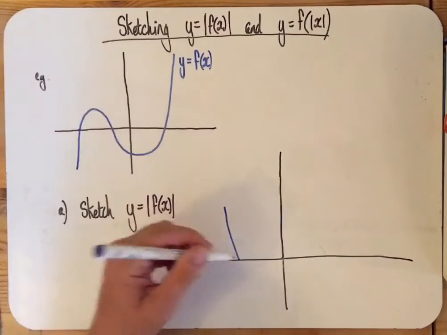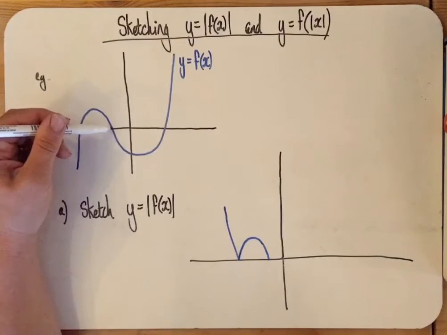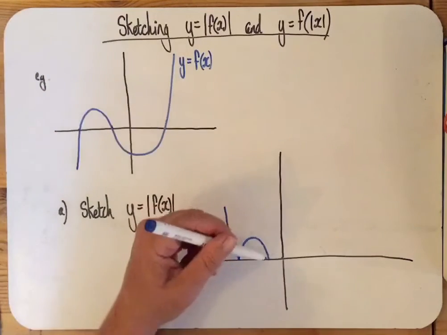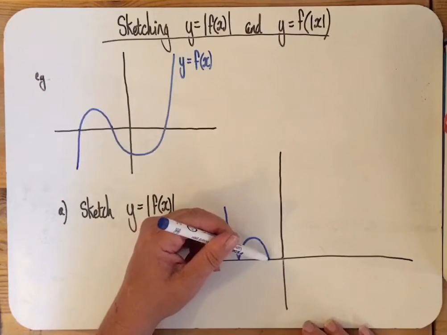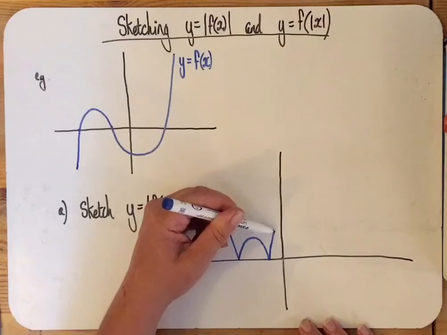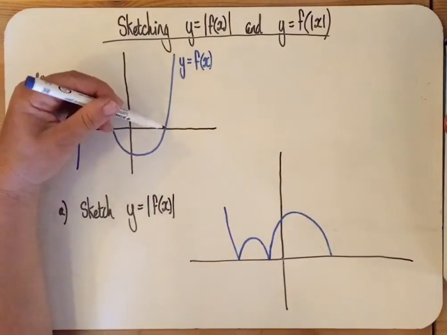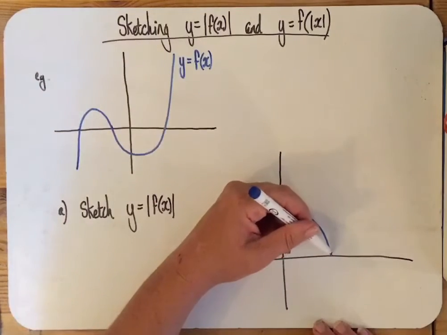This bit here stays the same. This bit here gets reflected up. I'm trying to get a good sketch now. So that's going to give me a bit around like that. And then this bit here remains the same.